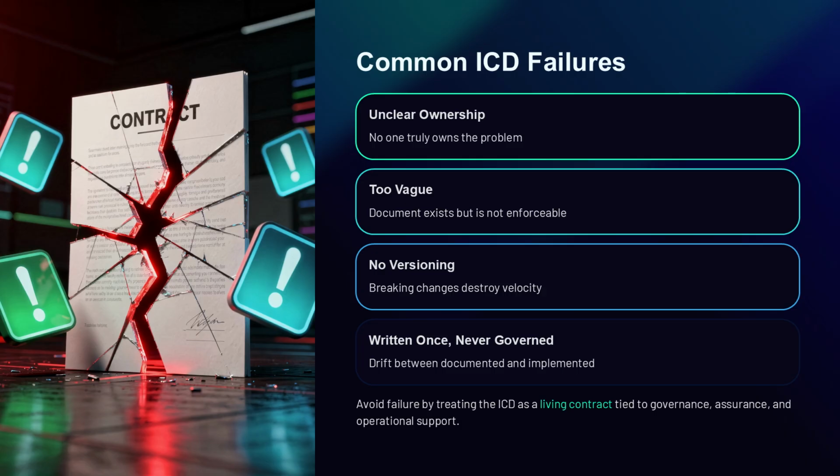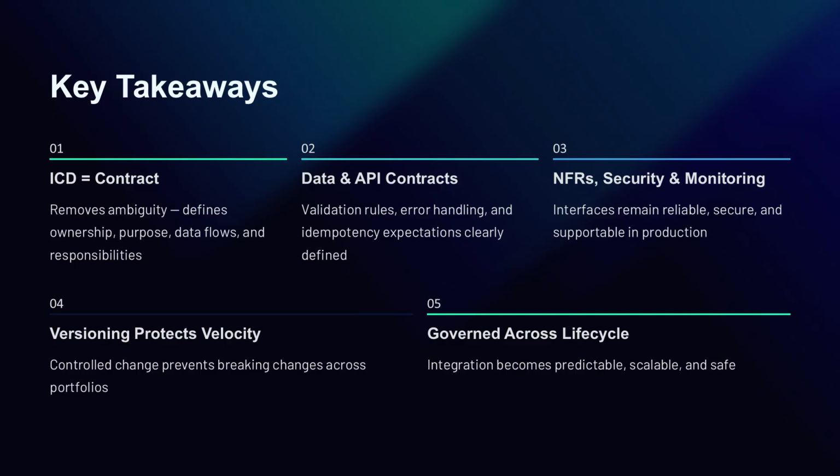They also fail when the interface contract is written once and never governed, causing drift between what is documented and what is implemented. You avoid these failures by treating the document as a living contract tied to governance, assurance, and operational support. Let's now discuss the key takeaways from what you learned so far, so you can use interface control documents to reduce integration risk and speed up delivery.